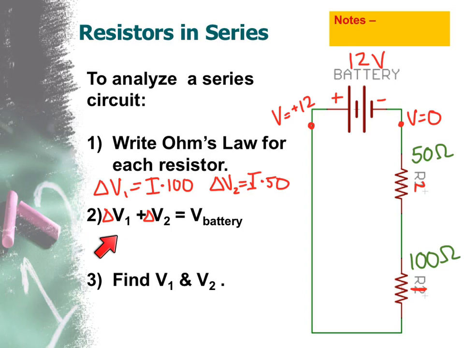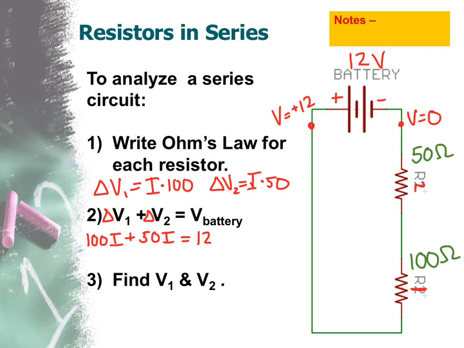Now I use this fact that the change in voltage across resistor 1 plus the change across resistor 2 is equal to the voltage of the battery. I am going to replace V1 with this right here, and V2 with this over here. And the result is that I get 100I plus 50I equals 12, because 12 is the voltage of my battery.